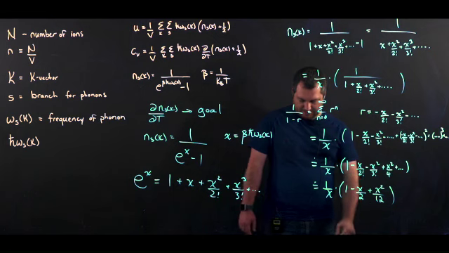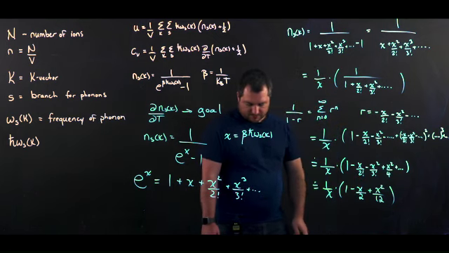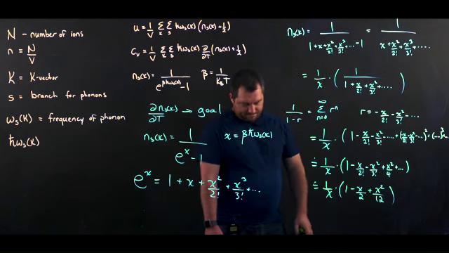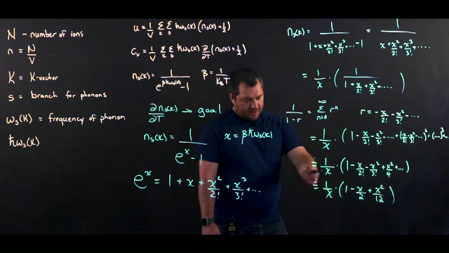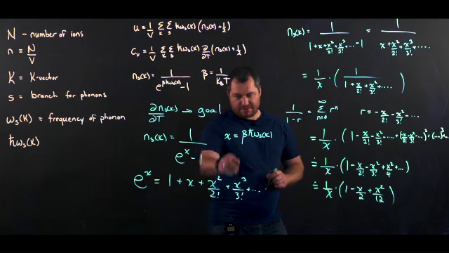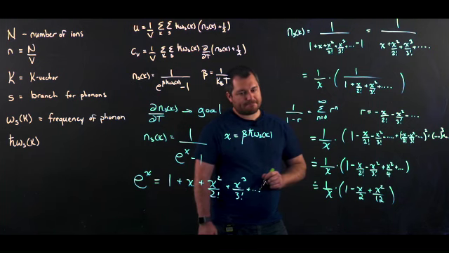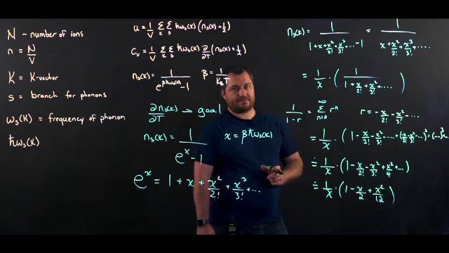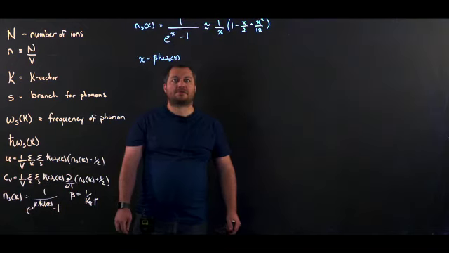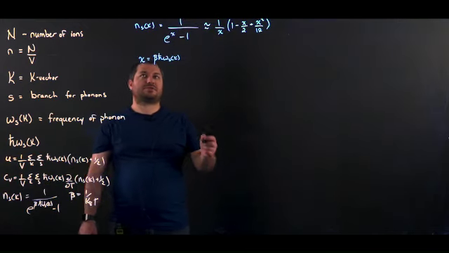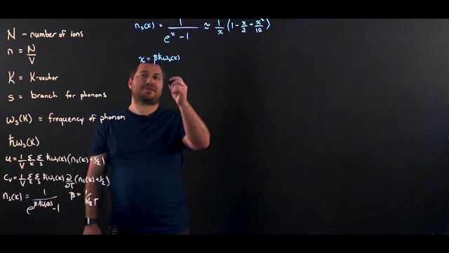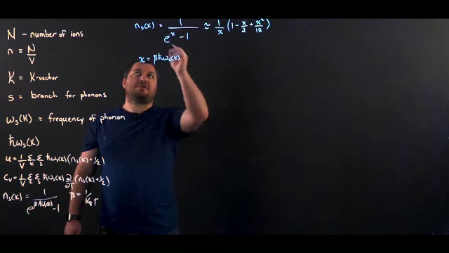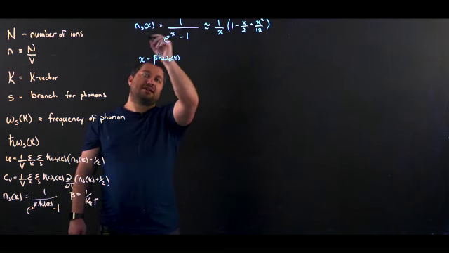And now I've got this term, and I can substitute back in my x value and start taking some derivatives. At this point, we want to take this derivative because we got as far as taking the derivative of n_s of k.